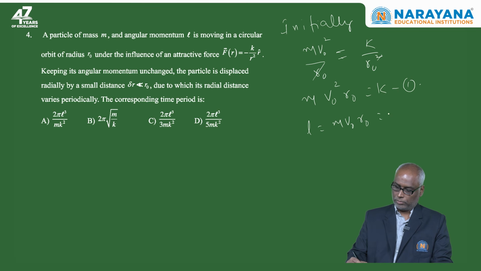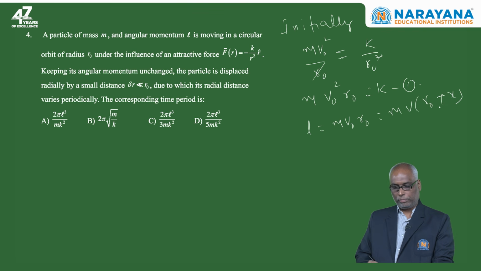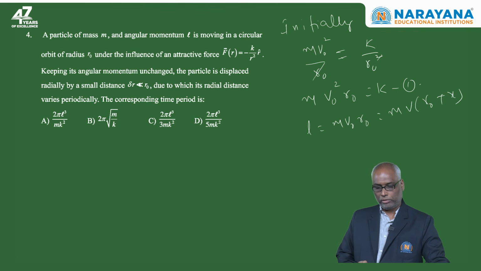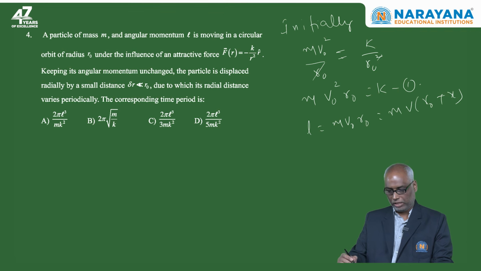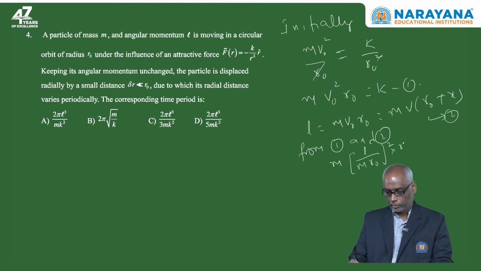So this value becomes equal to m v into (r naught plus x). This is equation 2. Now from these equations we can find an expression for r naught. From 1, m v naught can be written as L divided by (m r naught) whole square, into r naught, is equal to k.